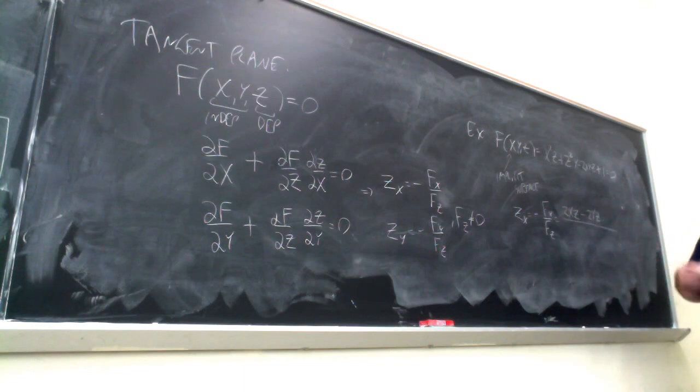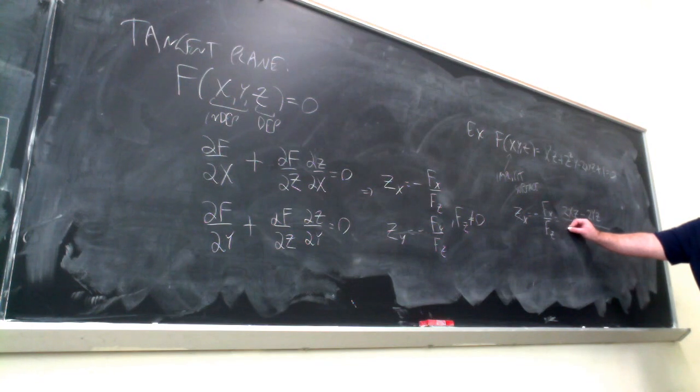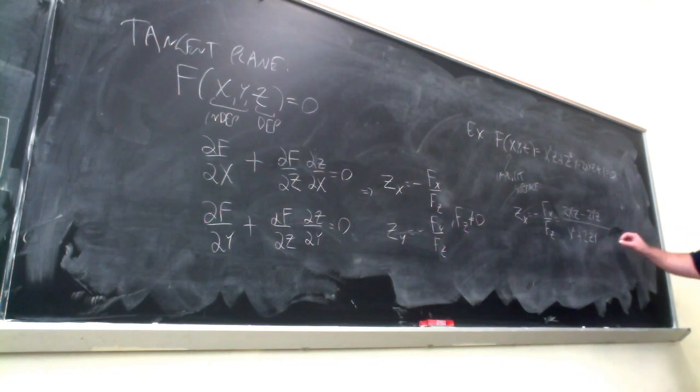Because you're differentiating with respect to x, everything else, including yz, is treated as a constant. And that's it for the numerator. What's the denominator? Just x squared plus 2zy minus 2xy. Okay, and that's your formula for partial z with respect to x.